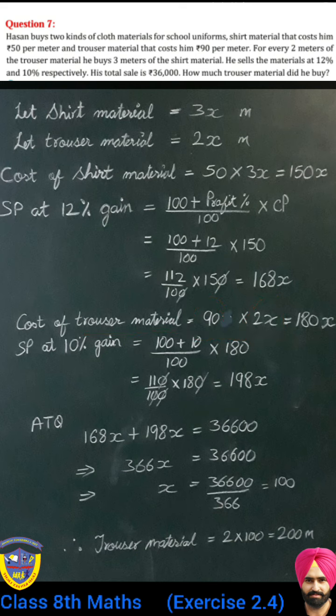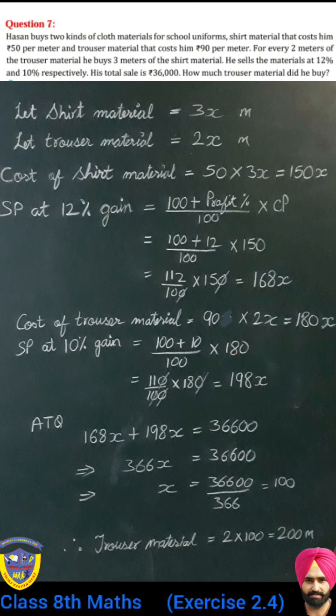Now the selling price at 10% gain on trouser material, it is given 10%. So put all the values same as this using this formula. You will get the selling price at 10% gain of trouser material is equal to 190x.